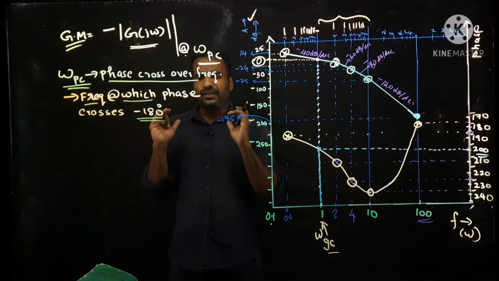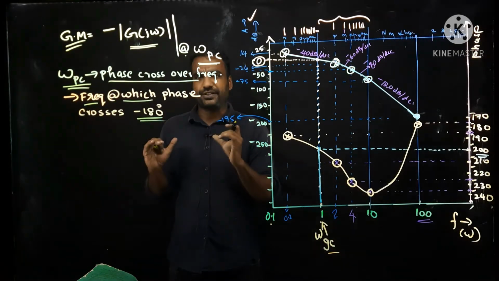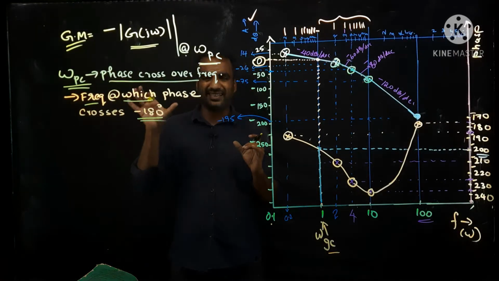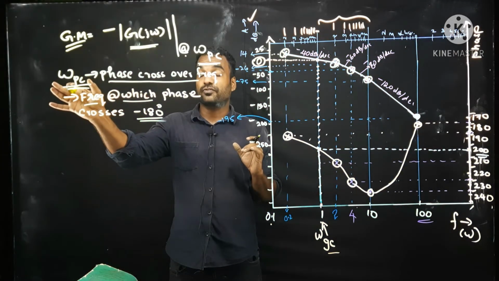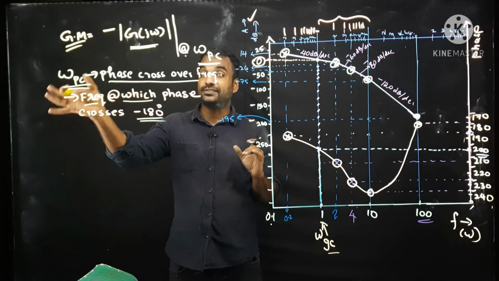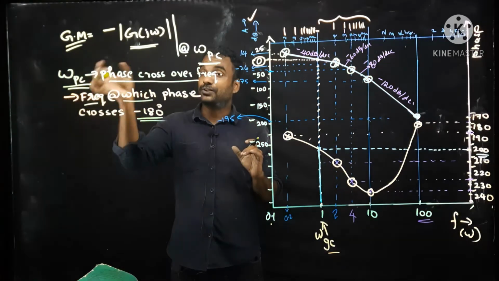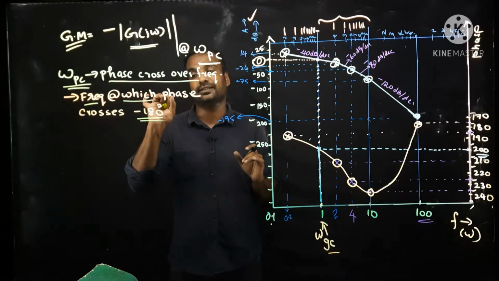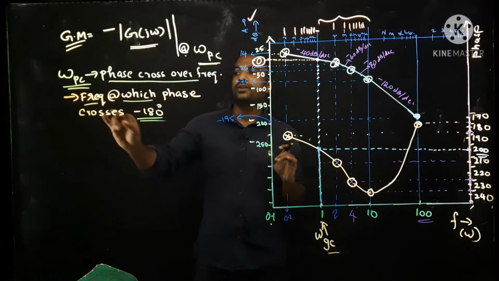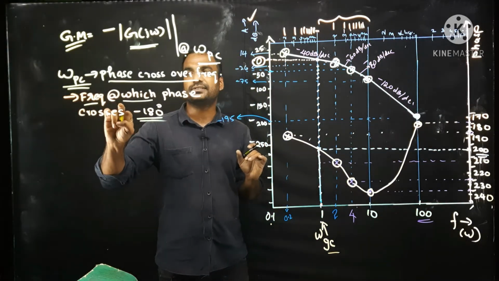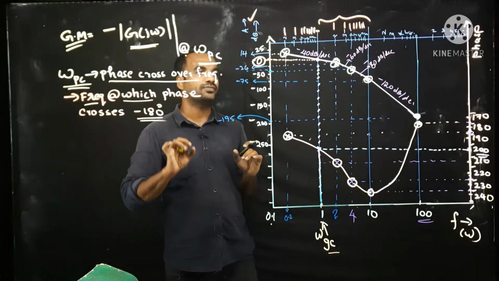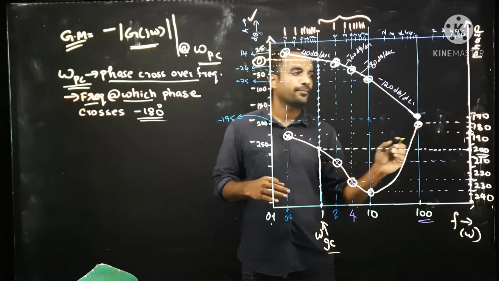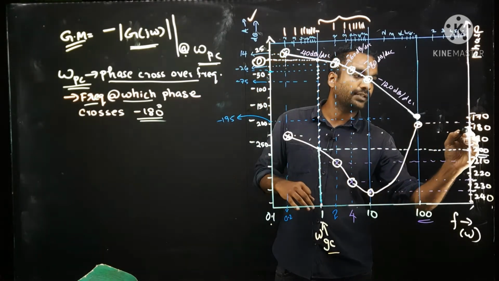So you should thoroughly study these definitions and understand them. Phase crossover frequency is the frequency at which the phase crosses minus 180 degree. Now come to the figure. Here it is minus 180 degree.